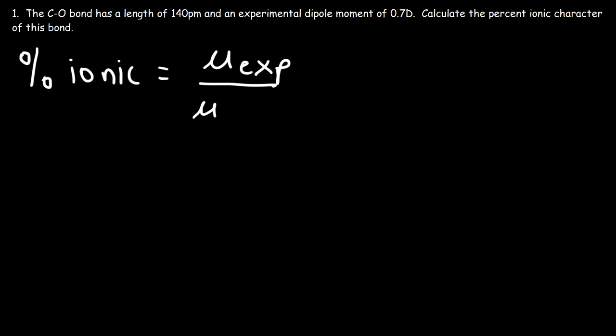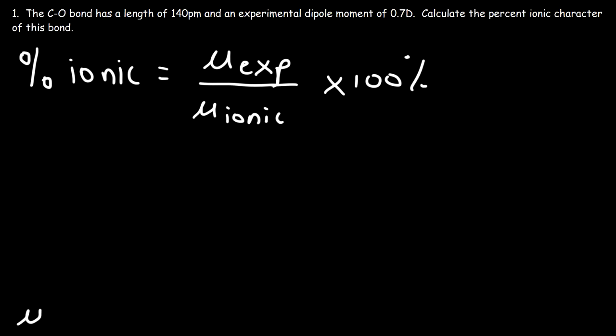The CO bond has a length of 140 picometers and an experimental dipole moment of 0.7 debye. Calculate the percent ionic character of this bond. So how can we do that? Well, the first thing we need to do is start with an equation. The percent ionic character is going to equal the experimental dipole moment divided by the dipole moment if the atoms were 100% ionic.